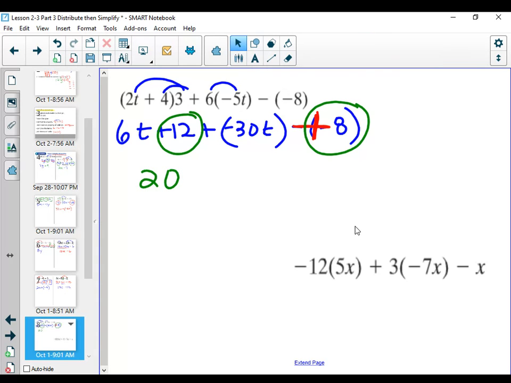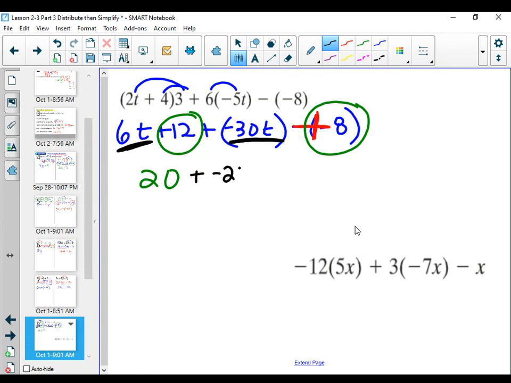This doesn't quite make sense, but you had 6 tigers and you lost 30 tigers. 24 tigers still lost. We don't put the 20 with the negative 24 because 20 doesn't have a T.